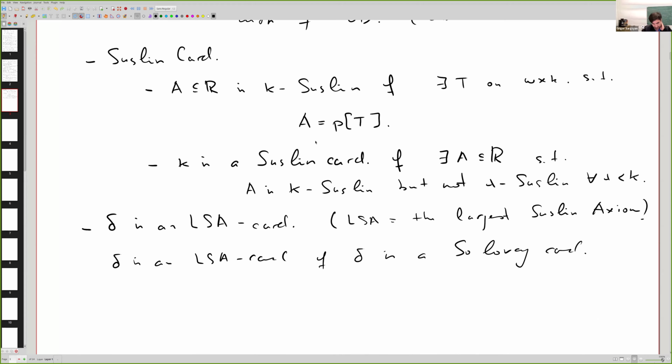So it's a Solovay cardinal plus the largest Suslin cardinal, kappa less than or equal to delta. Plus there is a largest Suslin cardinal.